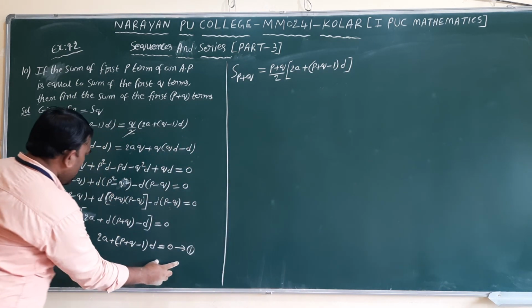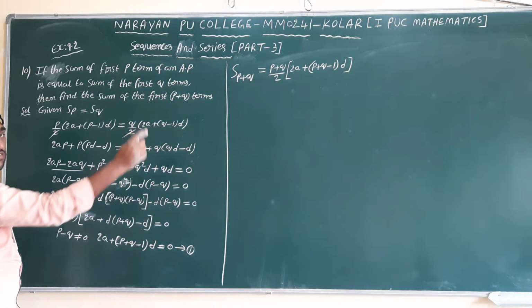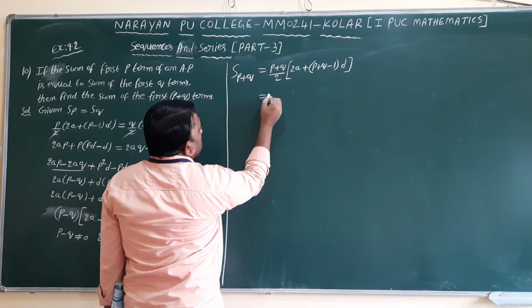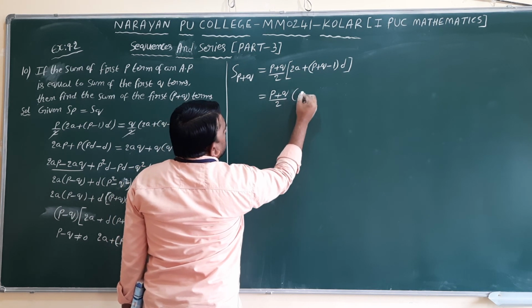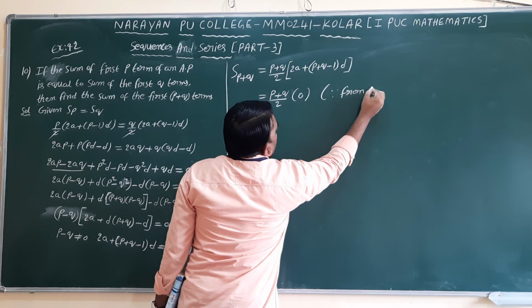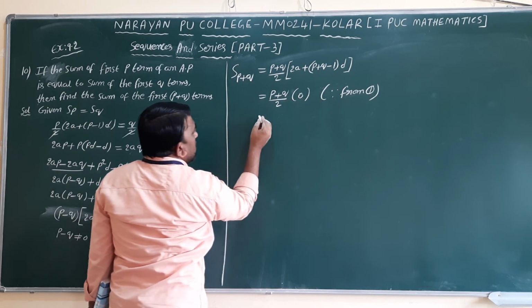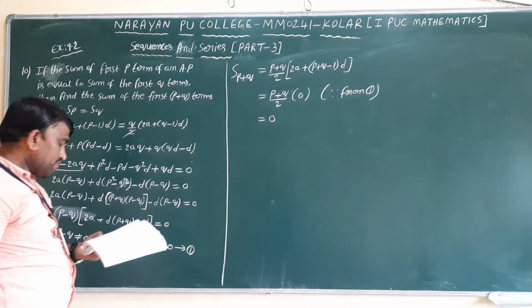But from equation 1, the whole 2a plus p plus q minus 1 into d value is 0. So p plus q divided by 2 into 0, since from 1, anything into 0 is 0. Okay. Next problem.